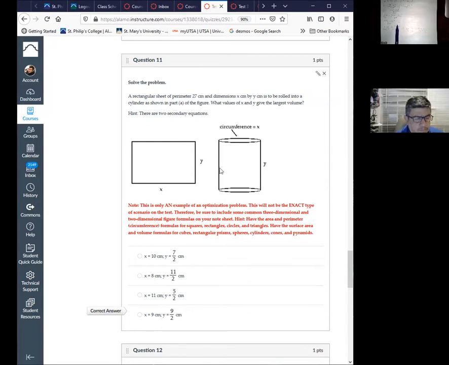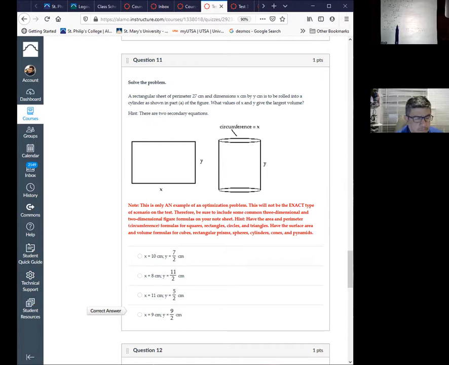By putting everything in terms of x and taking the derivative of the volume equation, we got 9. So plug 9 into the perimeter equation, and you can solve for y. So this is the perfect dimensions to give you the most volume in here.